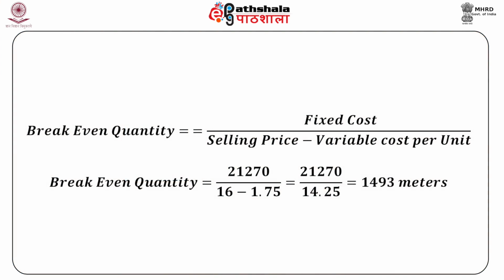Now break-even quantity is equal to fixed cost divided by selling price minus the variable cost per unit, which is 21,270 divided by 16 minus 1.75, which gives us 1,493 meters of cloth.